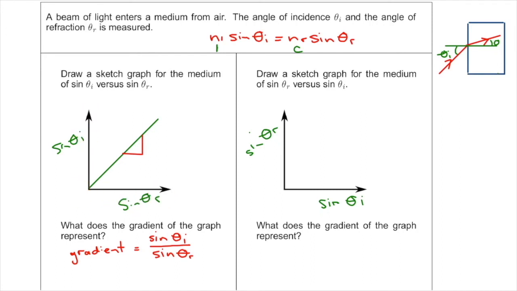Now let's go back to our equation. If you look at that equation, and we want sine theta I divided by sine theta R, so that is just going to be equal to the refractive index of my medium.